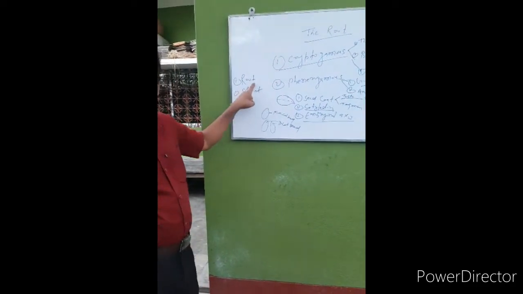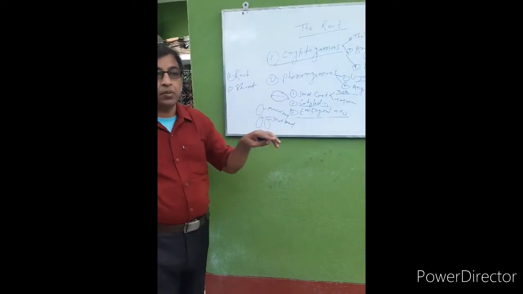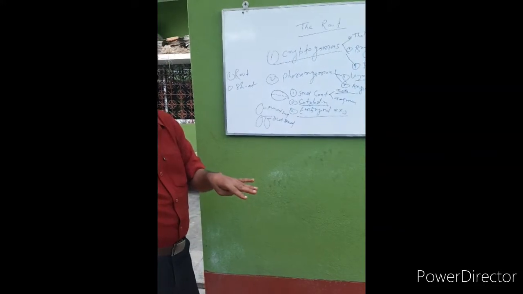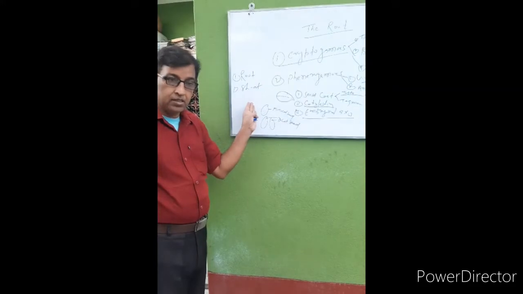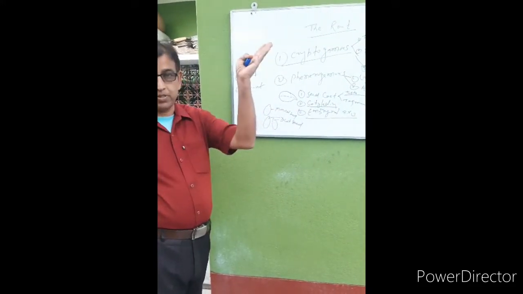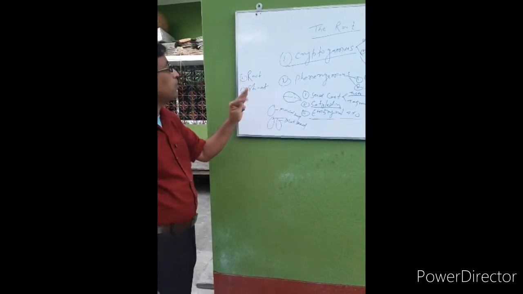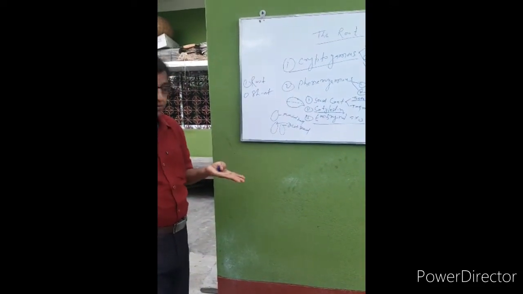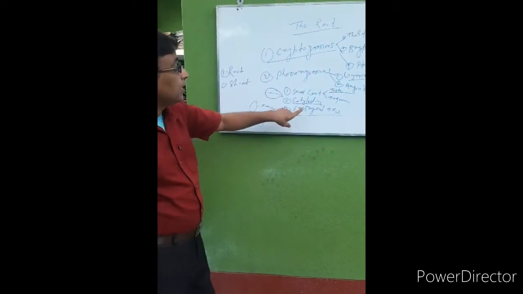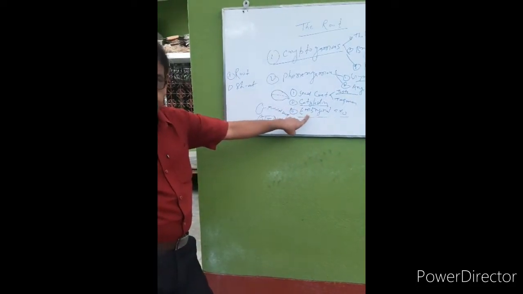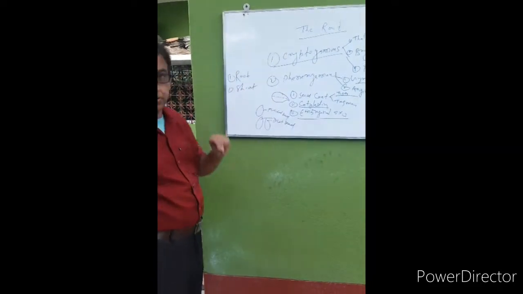Root is the part of the plant which is present below the soil surface. Shoot is the part which is present above the soil surface.